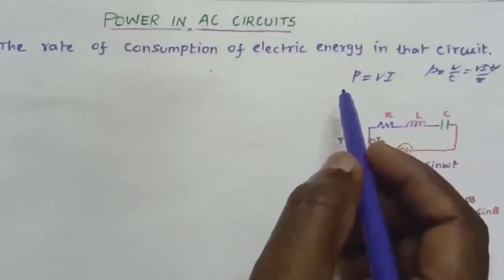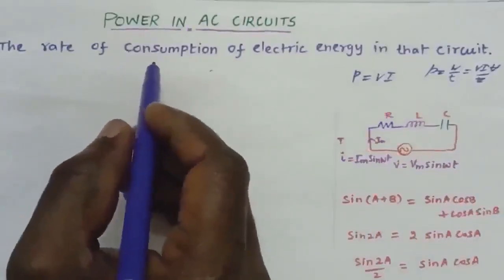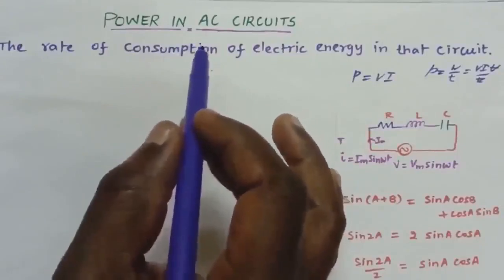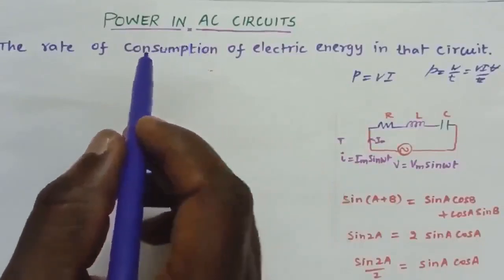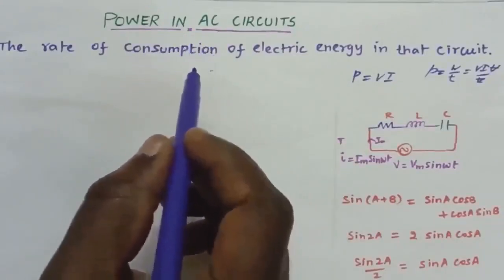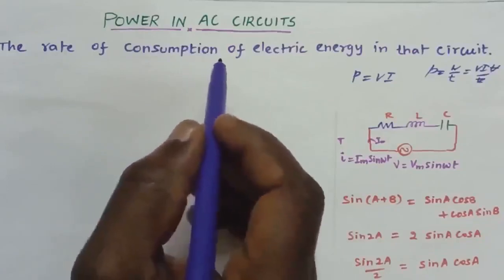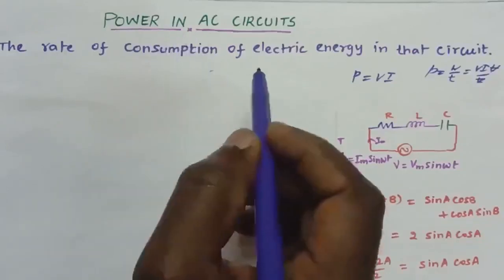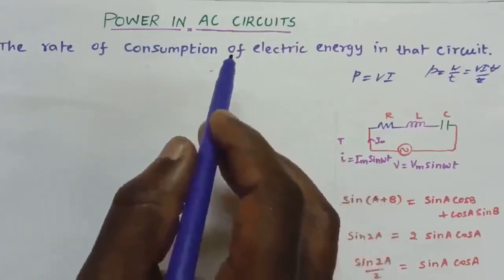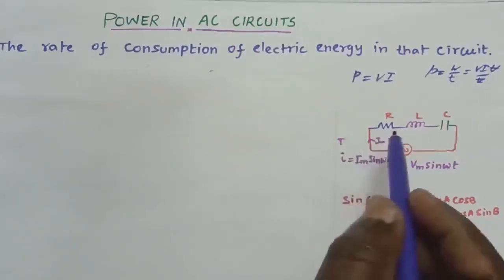So students, in an AC circuit, voltage and current vary continuously with respect to time. Let us first calculate the power at an instant of time, and then the power averaged over a complete cycle. Already you studied the RLC circuit.